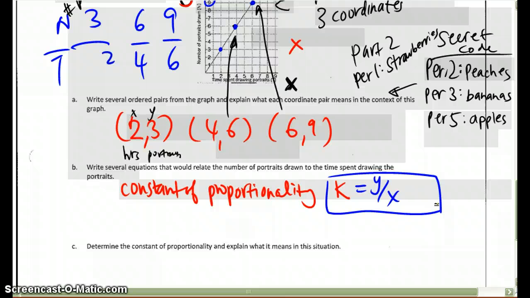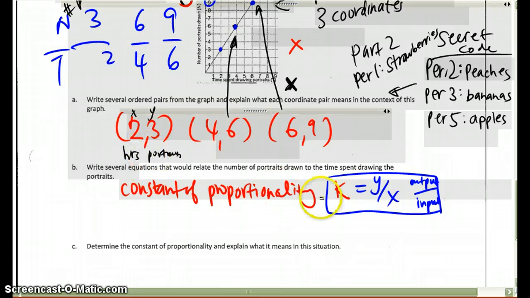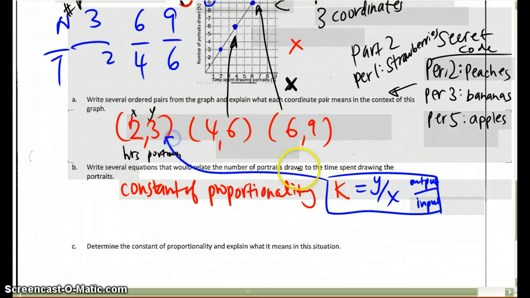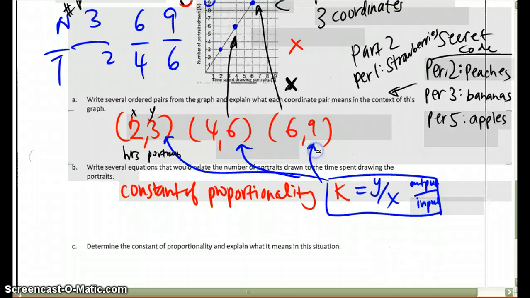So usually if we have gallons and miles, then we have miles per gallon. If we have the time and the number of portraits, then we have number of portraits over time. Our output over the input. So here, we're going to use each of these 3 separate coordinates to create 3 different K's.